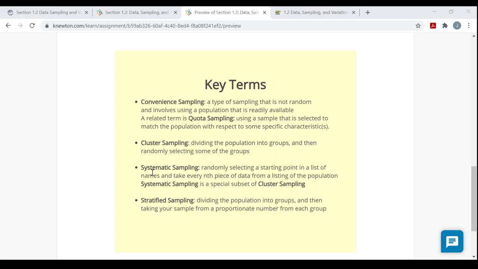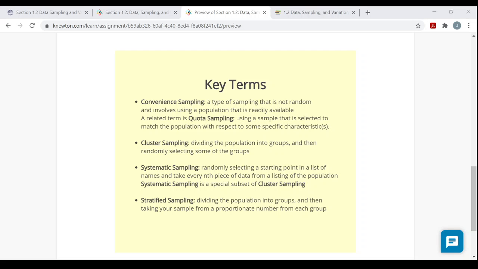Next is systematic. Systematic sampling is randomly selecting a starting point in a list of names and then taking every nth piece of data from a listing of the population. Systematic sampling is a special subset of cluster sampling. Let me show you systematic on a piece of paper as well with the cats and dogs.